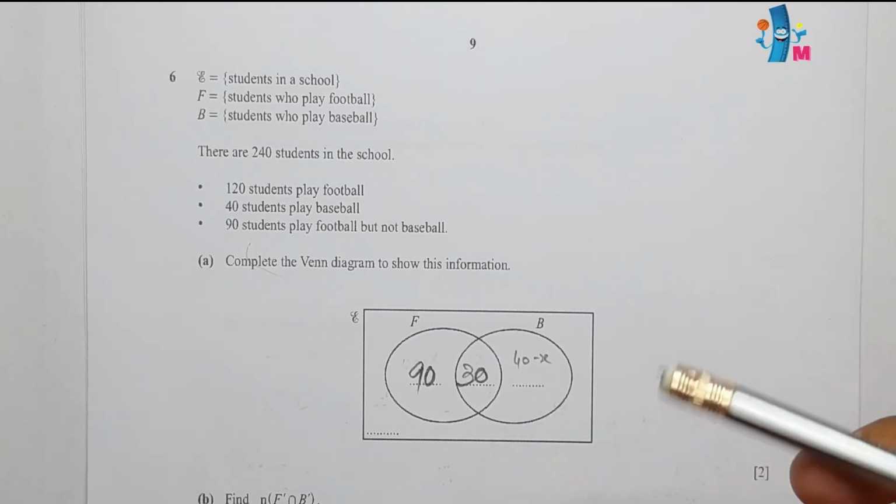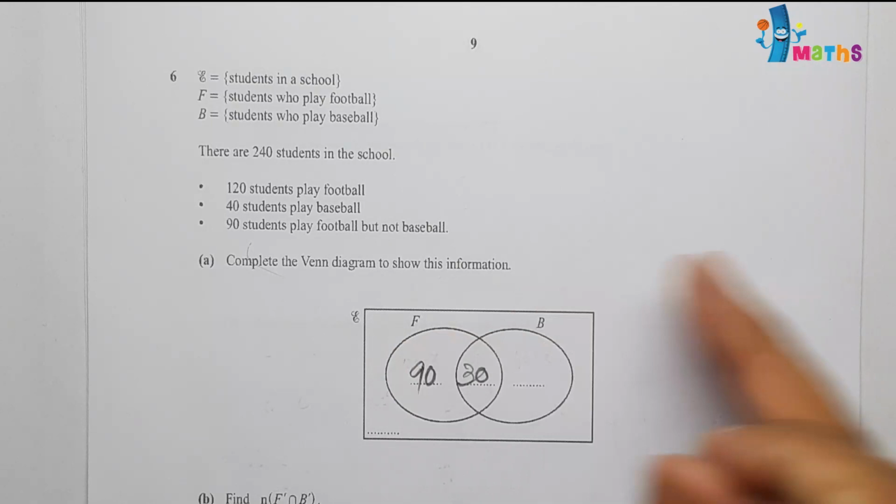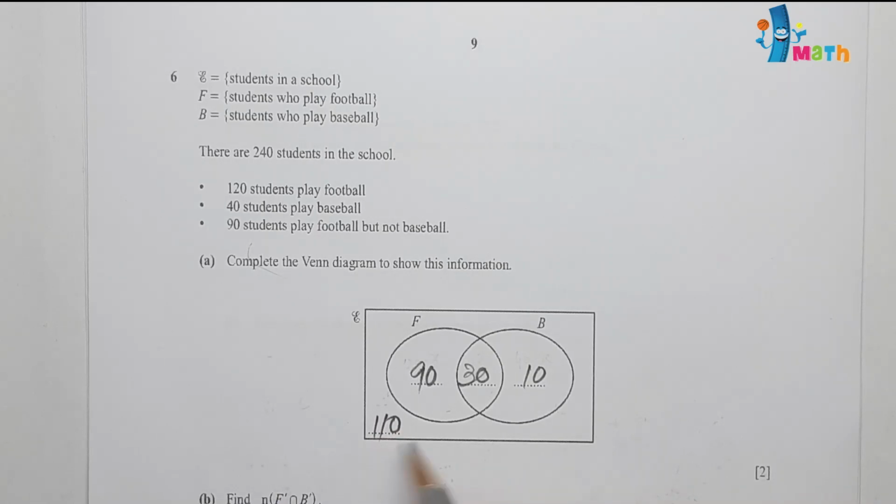Similarly, 40 minus x, so 40 minus 30 will be 10, so this region will be 10. If we add up all of this, it will be 130, and the total is 240, so 240 minus 130 will be 110. So 110 will be here. This will be the answer to this question.